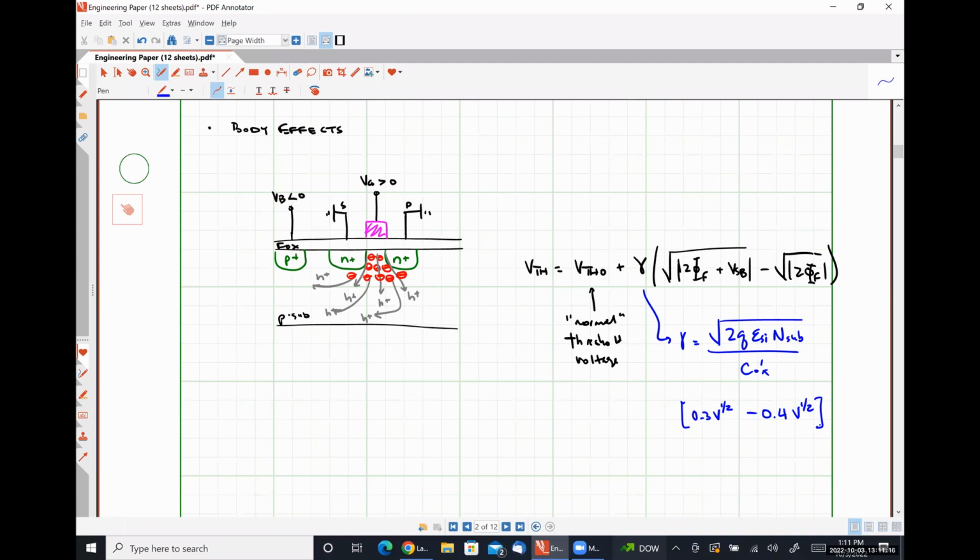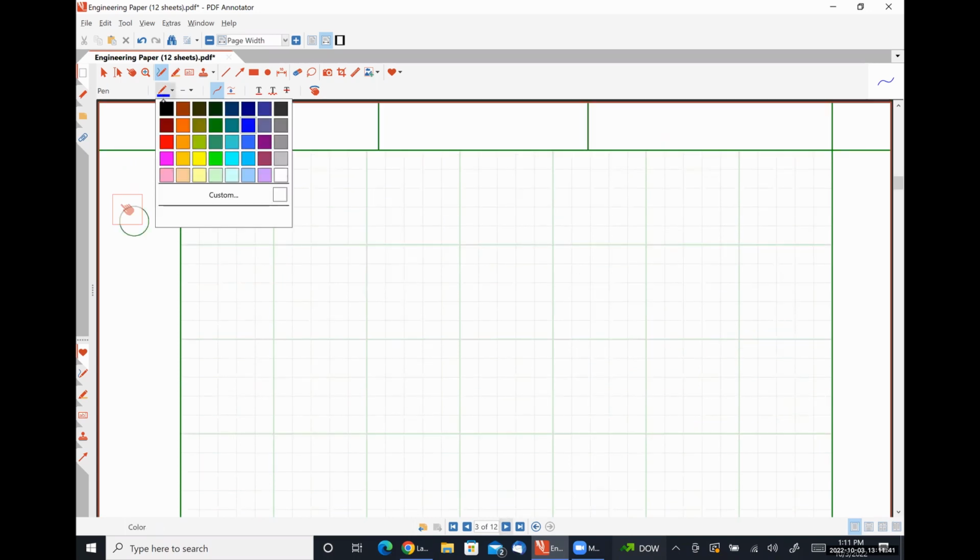So we will probably wind up observing body effects playing roles in some of the circuits that we are going to be analyzing. All right. So we understand where the threshold voltage comes from. We understand now what tends to mess with it. Now let's talk about the IV characteristics of a MOSFET.